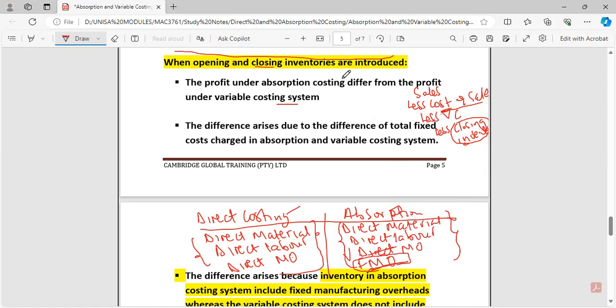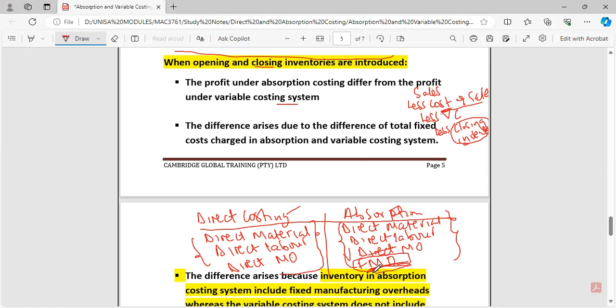So that's basically why, if we are provided with the same figures, and we are required to calculate the profit using absorption and direct costing, the profit becomes different. It is because of this line.